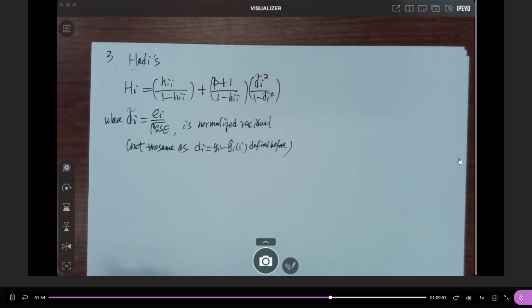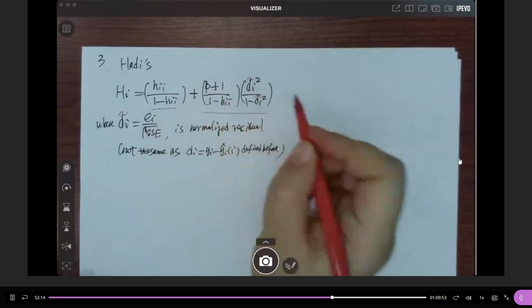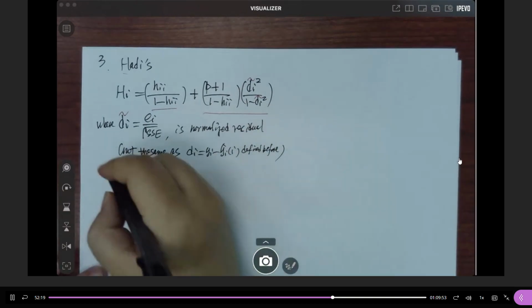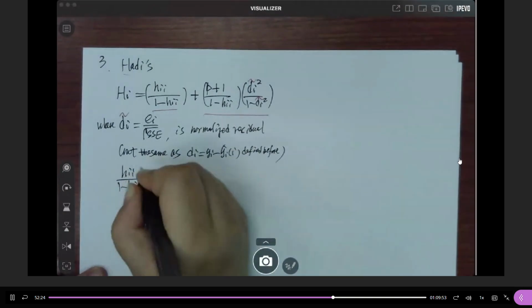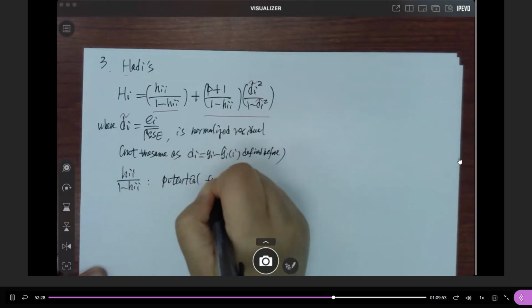So what does Hardy's measure measure? As I said, in the earlier two measures you have multiplication, but this one has addition. That's the first part, second part. What does the first part measure? The first term, HII over 1 minus HII, is called a potential function.